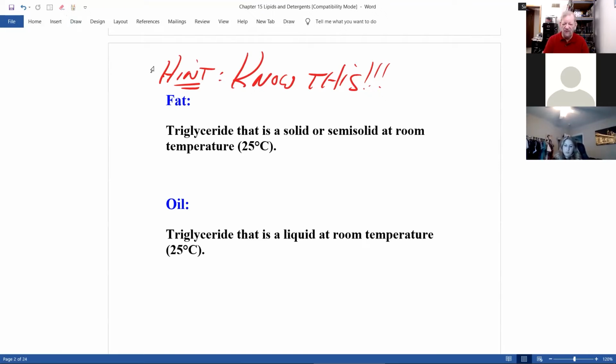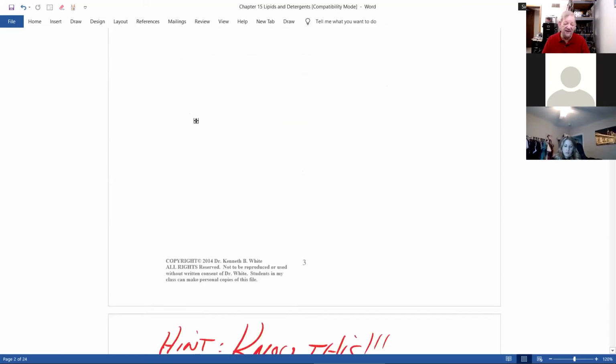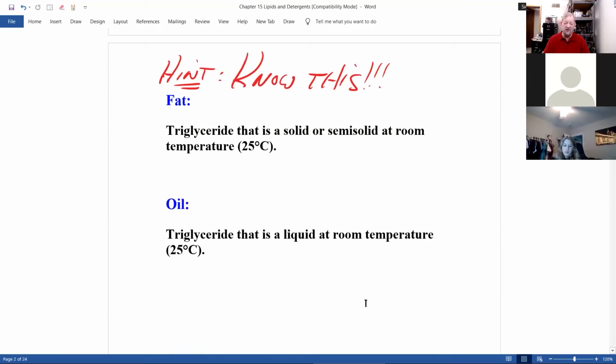You don't have to know what room temperature is, but in case you're wondering, it's 25 degrees C, and I think that's 77 Fahrenheit. And what's an oil? An oil is a triglyceride that's liquid at room temperature. So a fat is a triglyceride. What's a triglyceride? The one I just showed you. And all fats are solid or semi-solid at room temperature.